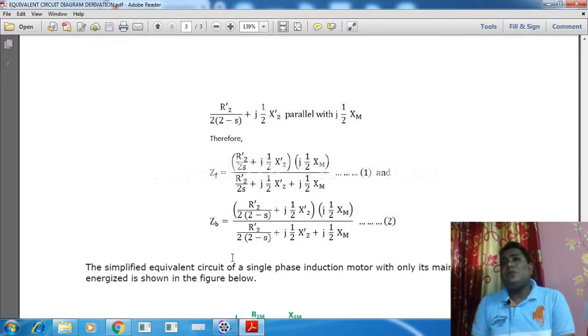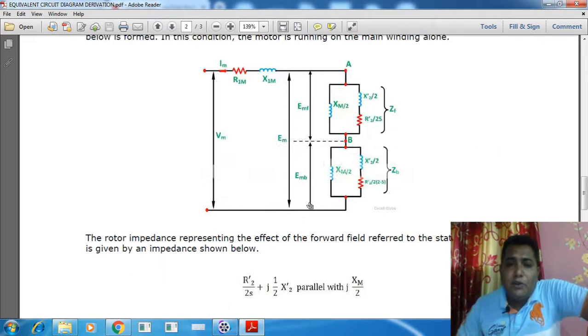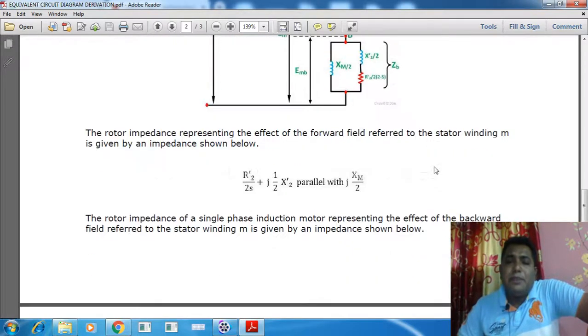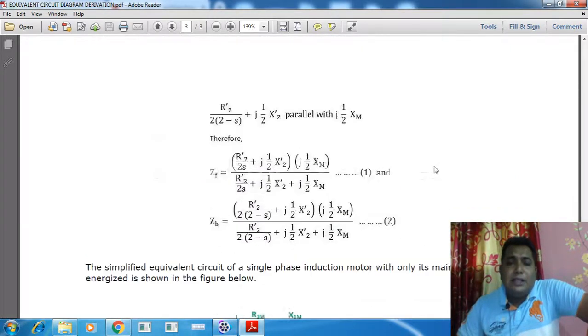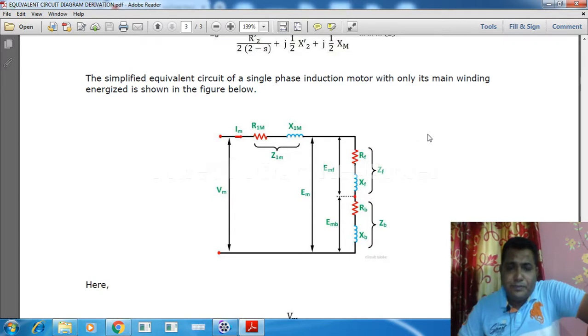If we combine these three in a series parallel combination into a single impedance, can we simplify the diagram? Yes, we can simplify. The simplified version of this diagram will be like this.